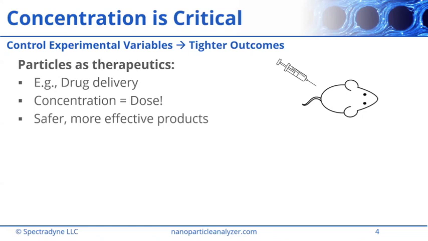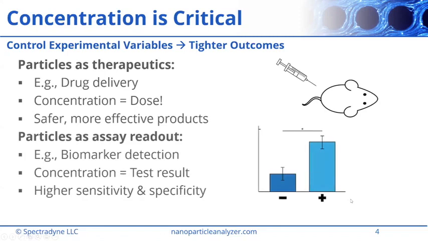So either you're trying to control the safety of your product, or maybe you're comparing two different formulations and you're testing these in a test system like a mouse or cell culture. Obviously, no one would consider comparing two formulations without first controlling for the amount of drug that's being administered to both test systems. So measuring the concentration properly is critical here.